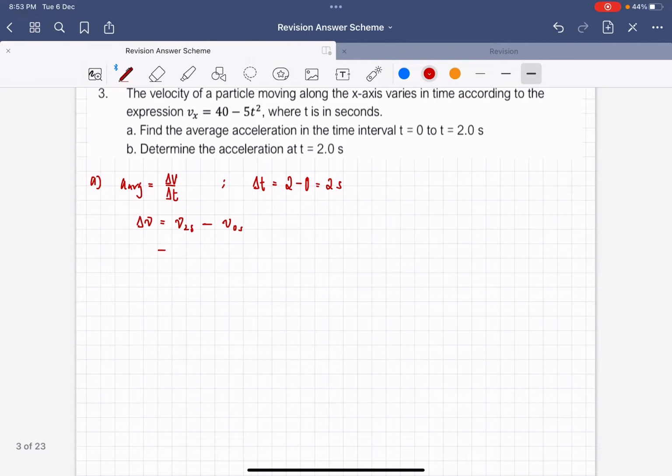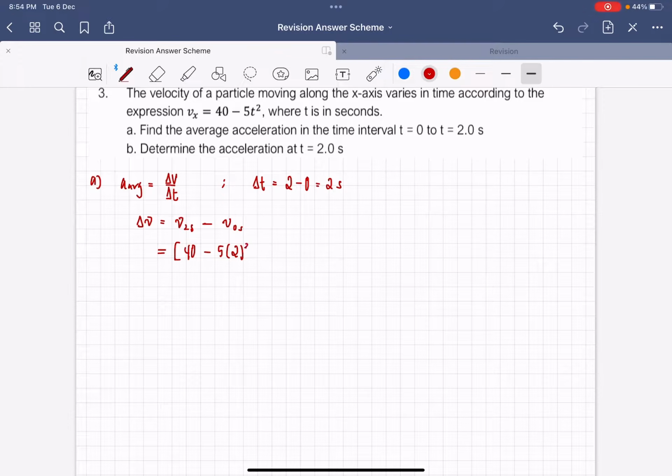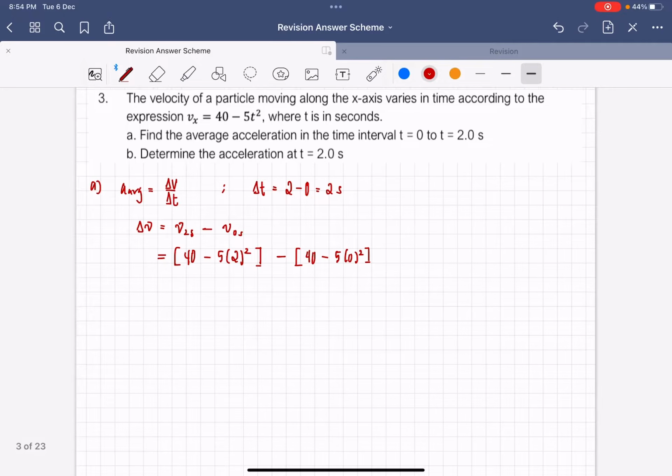Okay, so this is going to be 40 minus 5, with t equal to 2 seconds, so squared, minus 40 minus 5, with t equal to 0. Okay, so this is 40 minus 20, so 20 minus 40, so that is negative 20 meters per second.